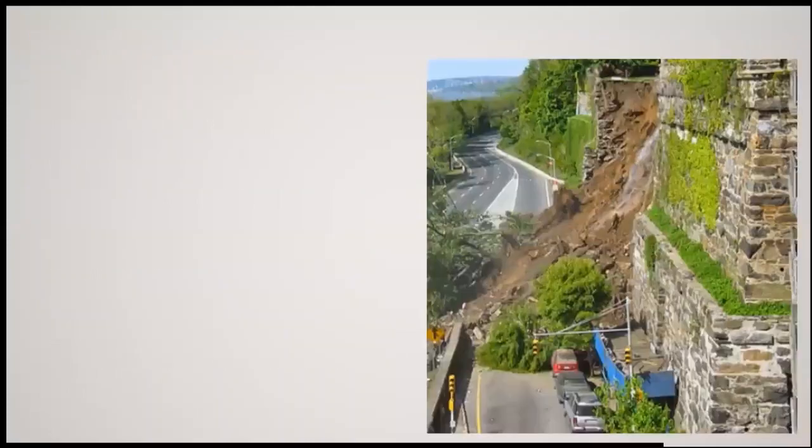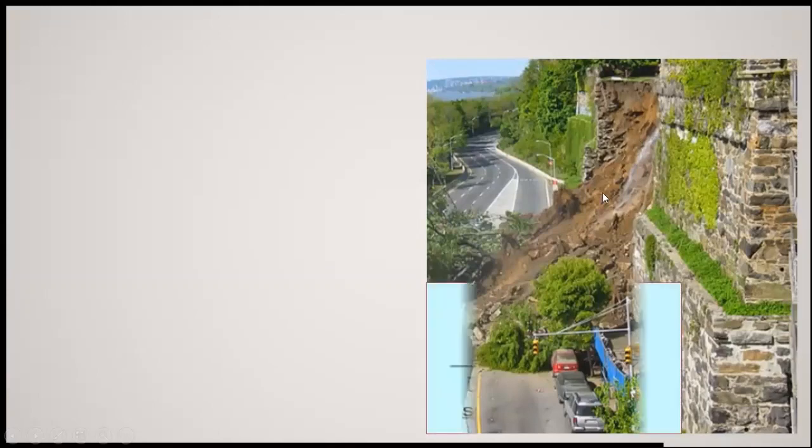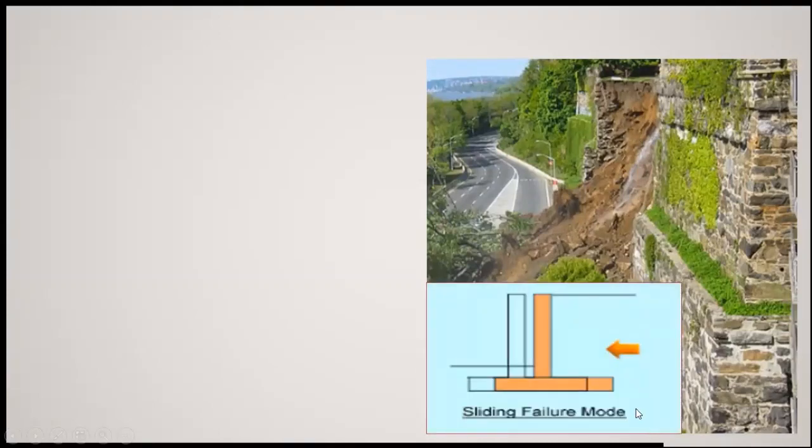Now, in this picture it is very much visible that this is the retaining wall, which is retaining the soil behind it. Due to the excessive pressure of this material, you will find that this wall has moved away from its actual position and the failure has taken place. This is known as sliding.